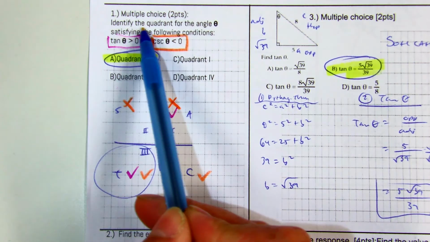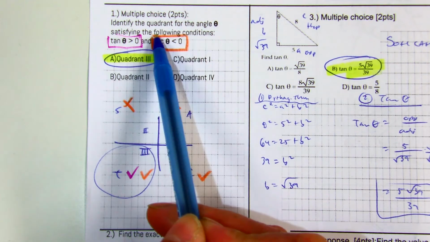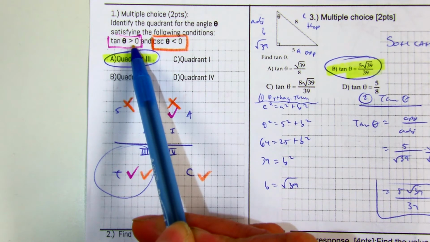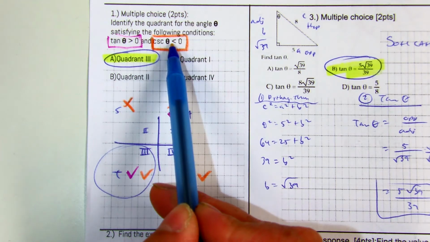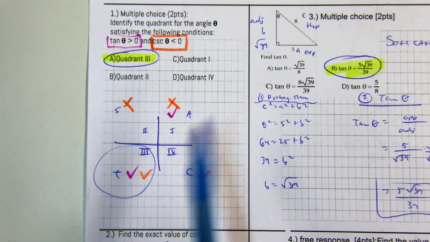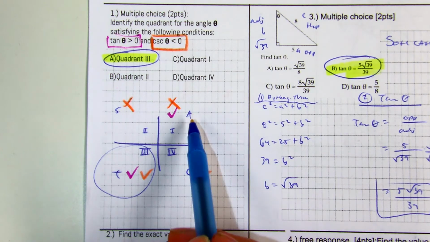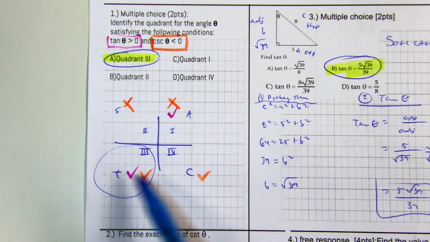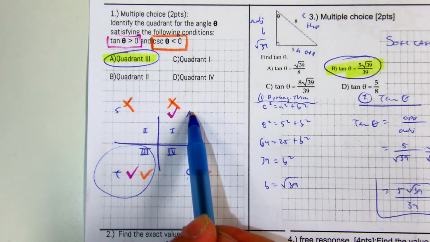Identify the quadrant for the angle theta satisfying the following conditions. Tangent of theta is greater than 0, that means it's positive. Cosecant of theta is less than 0, which means it's negative. We had this phrase that can help you remember where the trig functions are positive: All students take calculus. All the trig functions are positive here.